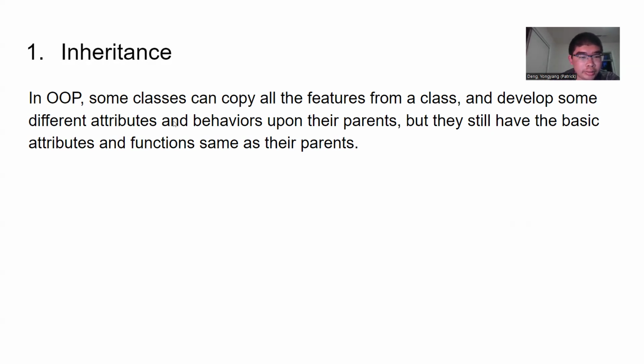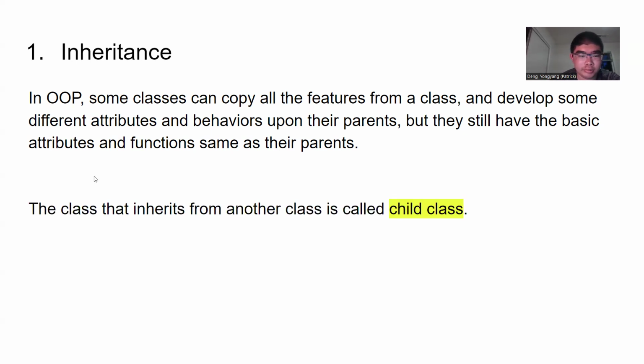In OOP, some classes can copy some features from a class, and develop some different attributes and behaviors on top of their parents, but they will still have the same attributes and functions as their parents. It's like Harry has the same eyes as his mother.